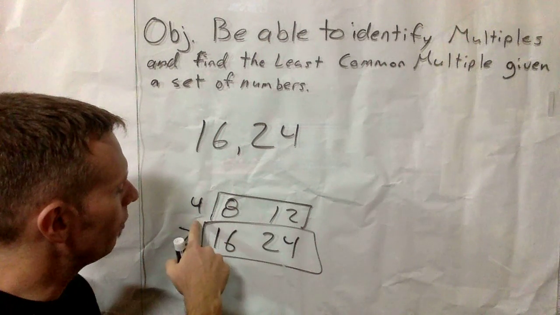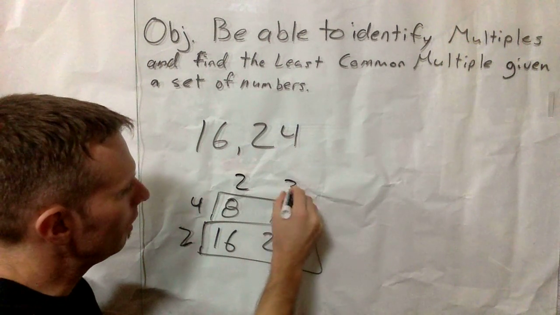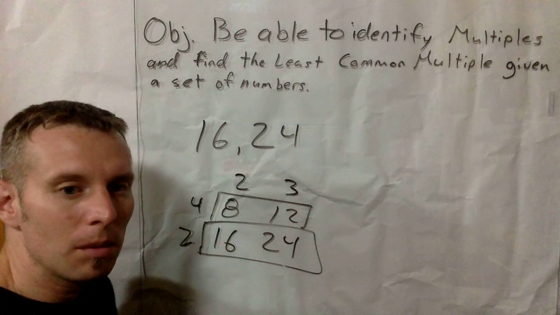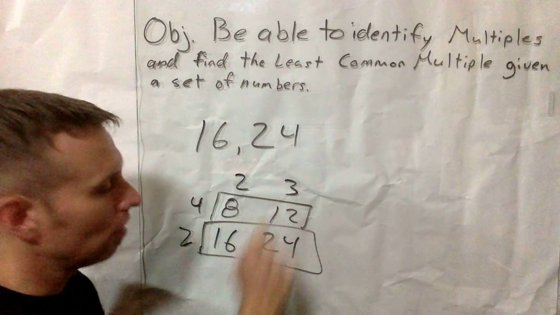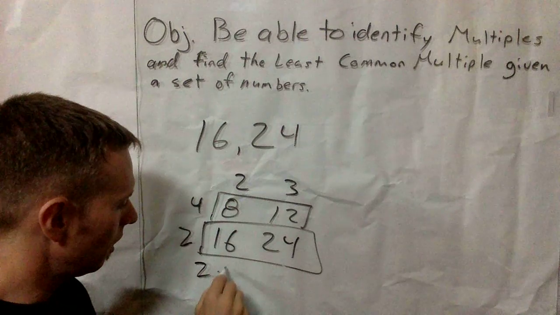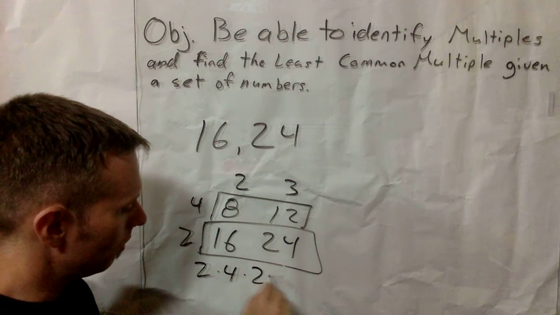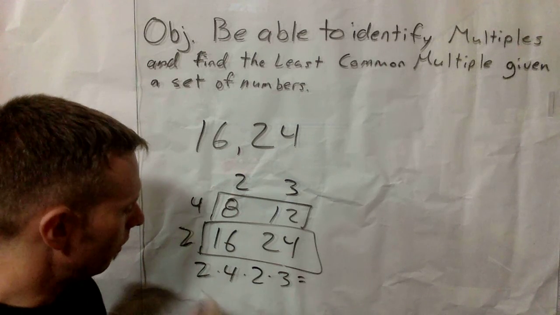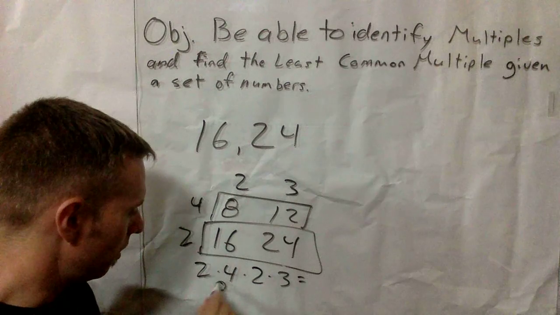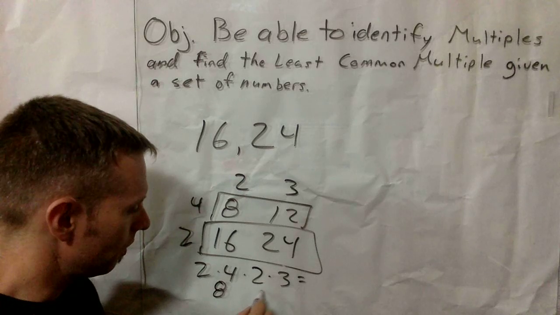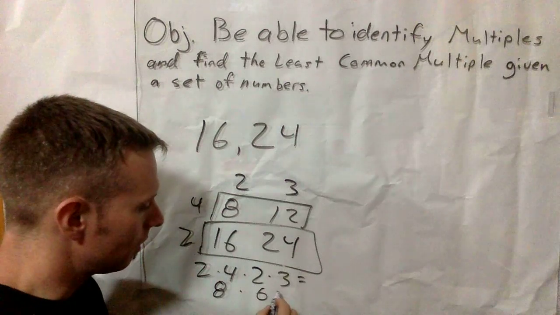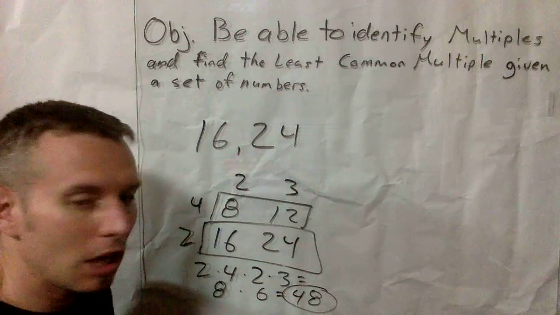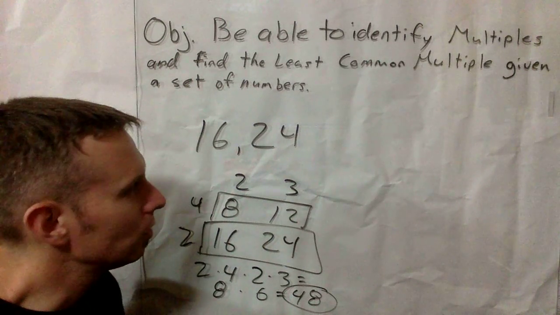And we're going to be left, if we pull out a 4, we're going to be left with 2 and 3. So to find the least common multiple, we'll multiply all of the outside. 2 times 4 times 2 times 3. And let's see, what do we have here? 2 times 4 is 8. 2 times 3 is 6. 6 times 8 equals 48. That would be our least common multiple.